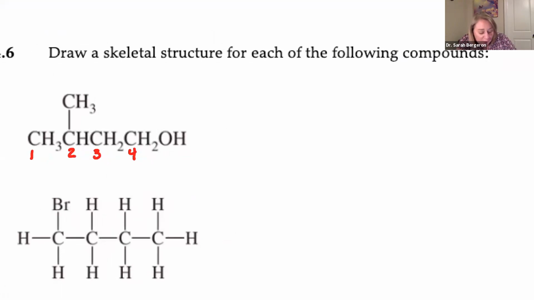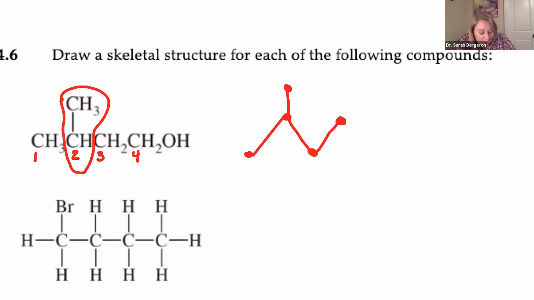So I'm going to start with my first carbon, and I'm going to go to my second carbon, third carbon, fourth carbon. Okay. Now I'm going to attach my other stuff. I can see here on carbon 2, I have a CH3 attached. So I'm going to draw a line, and that's another carbon, but I'm not going to worry about drawing my hydrogens.